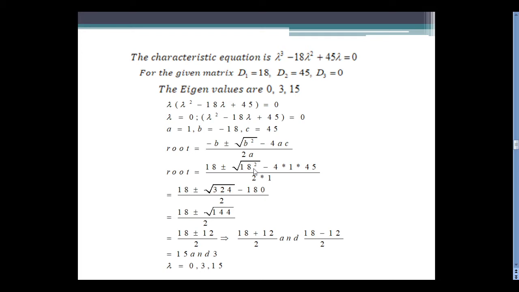Substituting the A, B, C values and simplifying, we finally get 18 plus or minus 12 divided by 2. There are two values, plus and minus: 18 plus 12 by 2 and 18 minus 12 by 2. On simplification we get 15 and 3. Now the lambda values are, already we got one root lambda equal to 0, and here 3 and 15. These are the eigenvalues.